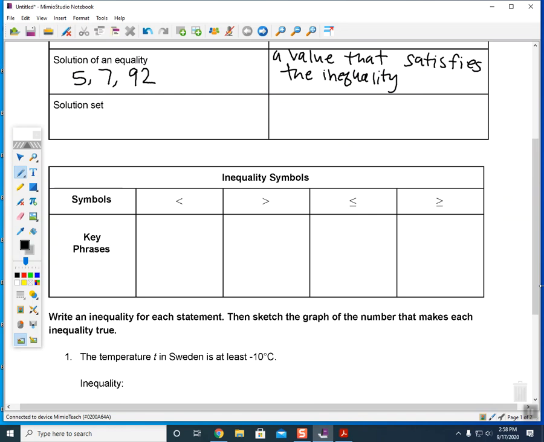My solution set then is all values that make the inequality true.